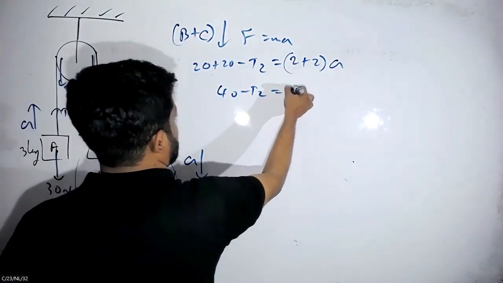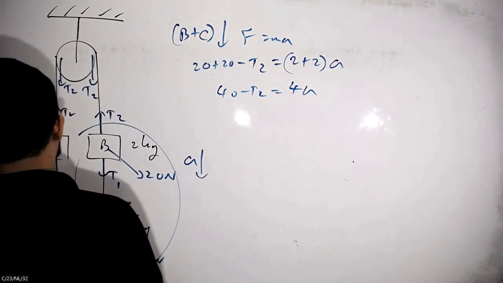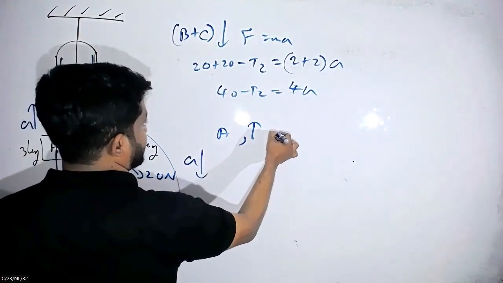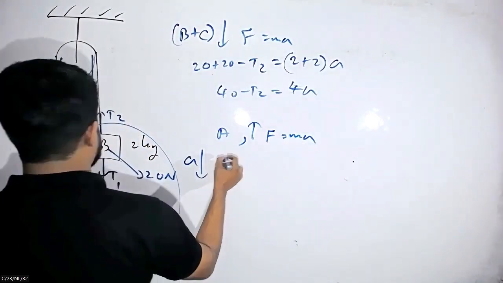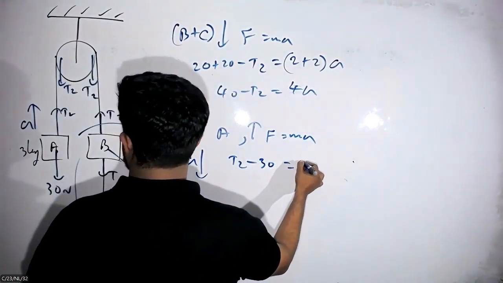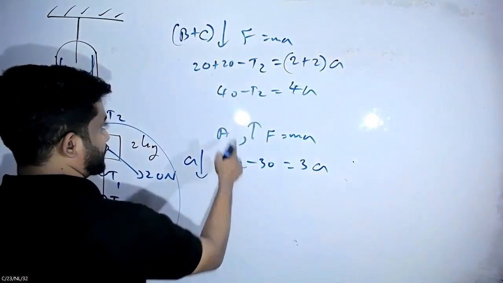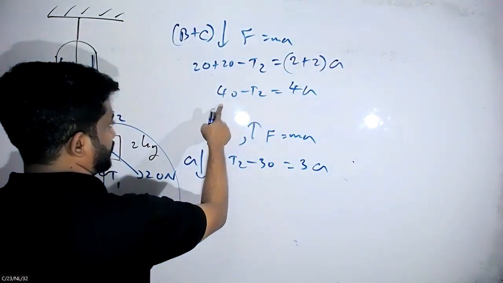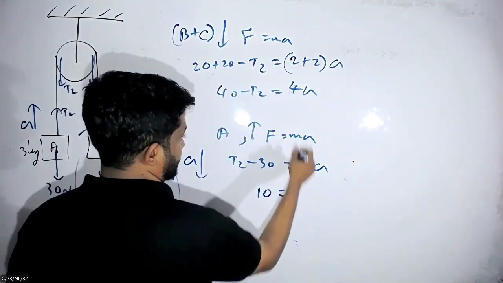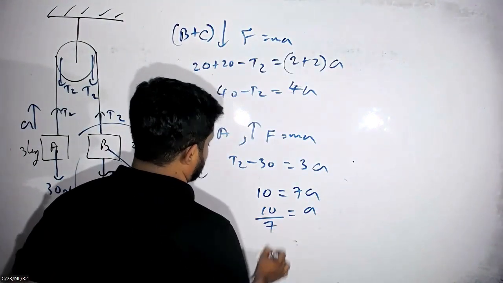So 40 minus T2 is equal to 4a. Then apply Newton's second law for the motion of A in the upward direction: F equals ma, T2 minus 30 is equal to 3a. Add these two equations to find the acceleration: 40 minus 30, 10, then 7a. Acceleration is equal to 10 over 7.